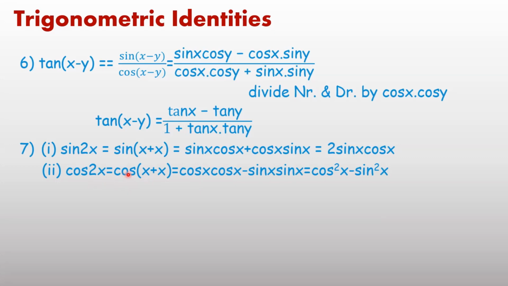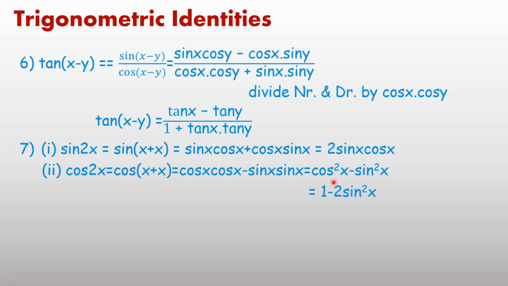If cos 2x is written, same process: cos(x+x). Cos(x+y) already covered means cos x cos y minus sin x sin y. Cos x cos y, in place of y write down x, minus sin x sin y, in place of y write x. So cos x into cos x is cos square x, sin x into sin x is sin square x. Cos 2x we can write as cos square x minus sin square x.